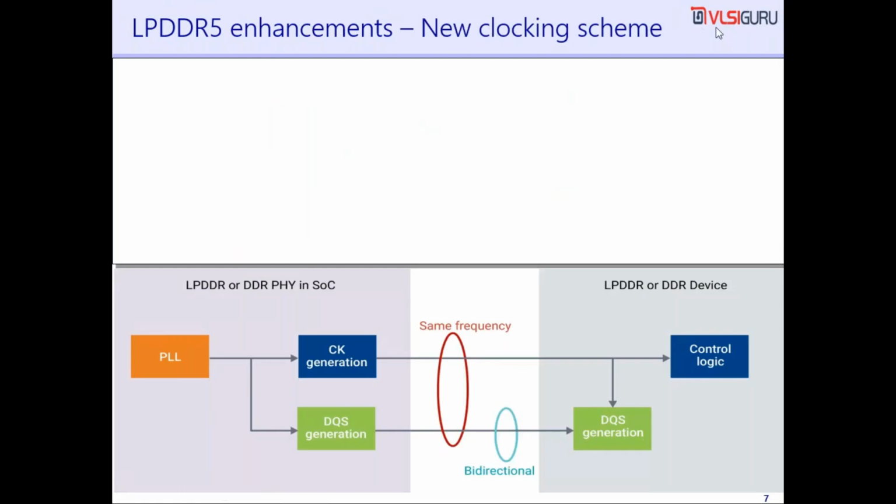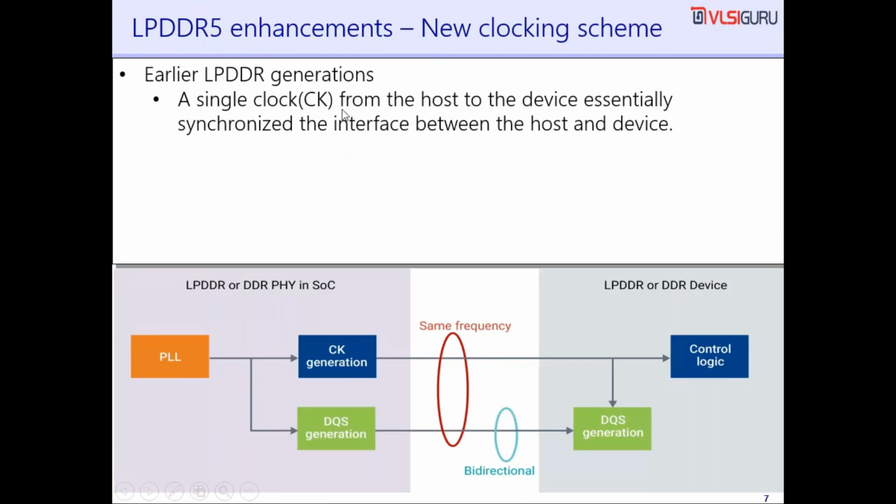So one more major enhancement that has been done in LPDDR5 is the new clocking scheme, which is significantly different from the earlier generations of the LPDDR. In the earlier LPDDR generations, a single clock from the host to device essentially synchronized the interface between the host and device. So we are only using one clock for synchronizing the interface.